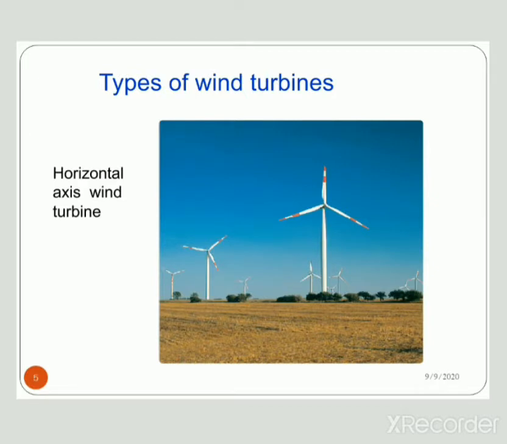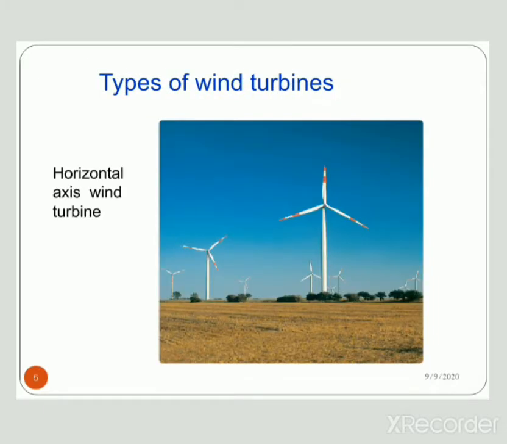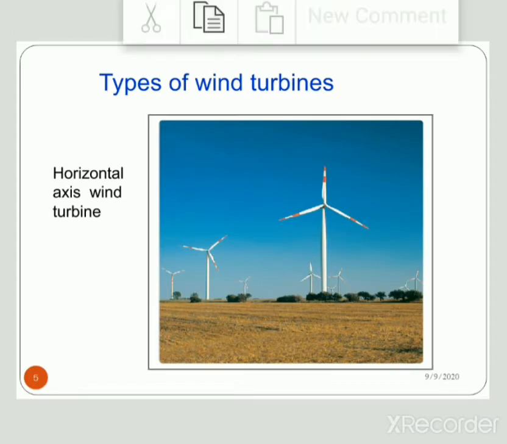Next we see the types of wind turbines. There are two types: first is the horizontal axis wind turbine and second is the vertical axis wind turbine. Around us, in Maharashtra and all over India, the horizontal axis wind turbine is mostly used, because when people think of wind turbines, they often visualize the expansive rotors of a horizontal axis system.